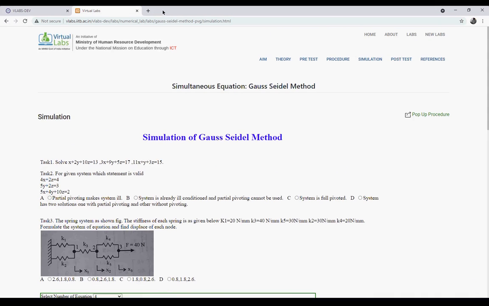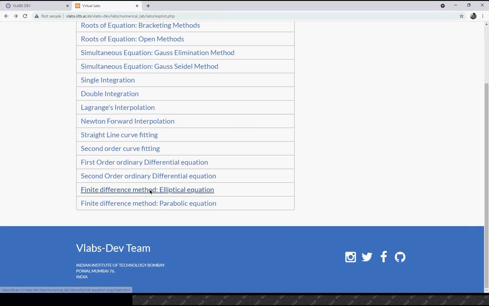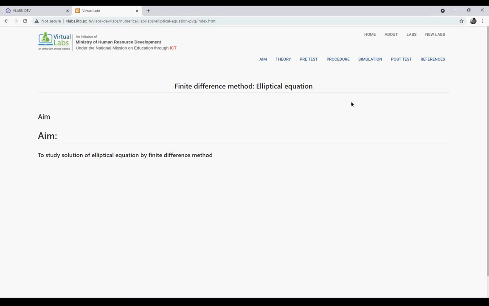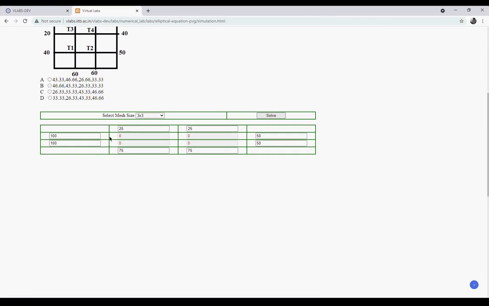Now what you can do, I can go into the elliptical method, finite difference, and I can also try to test it out here. So here I can put 0, here I can put 100.